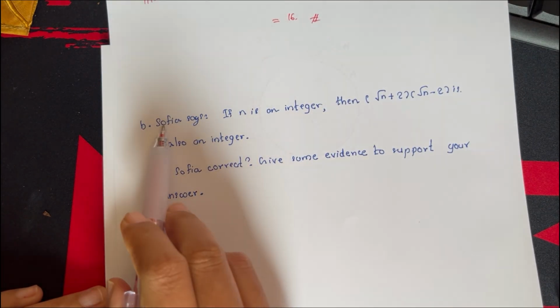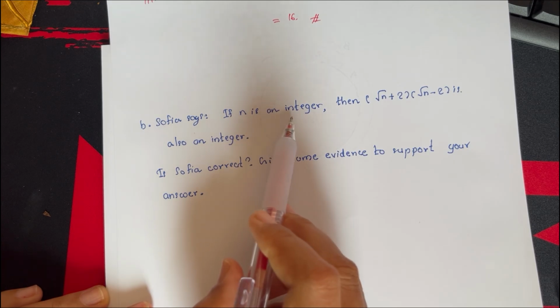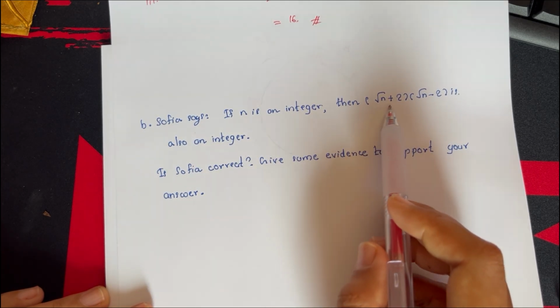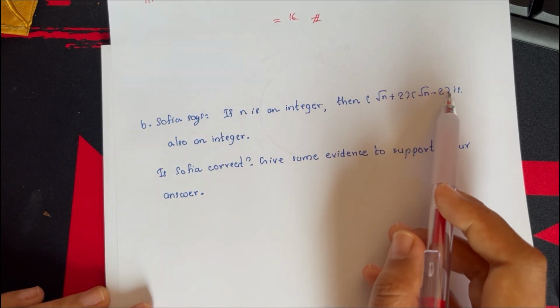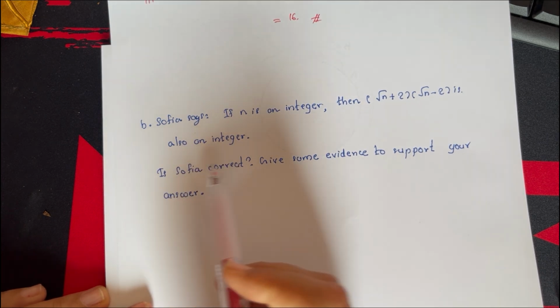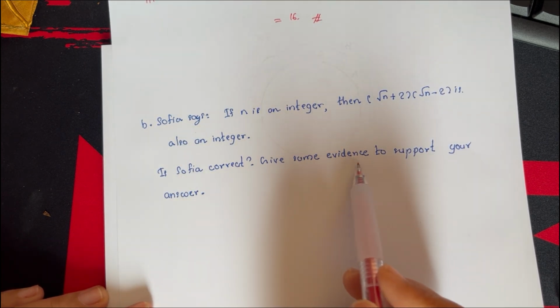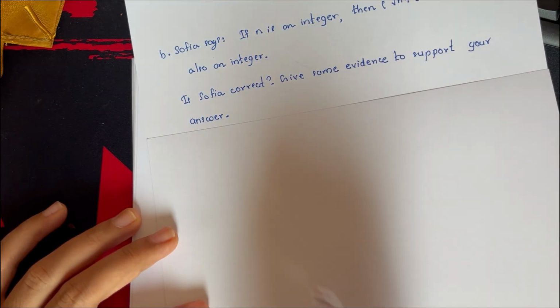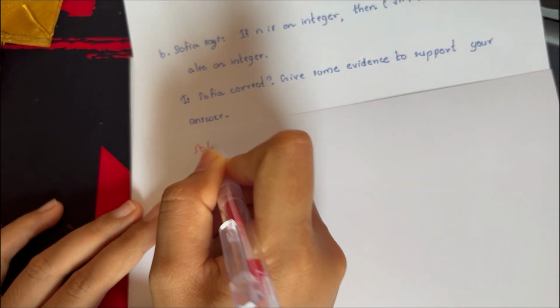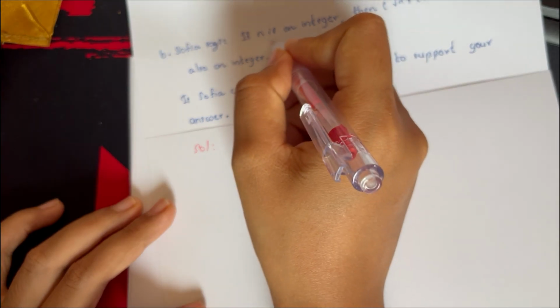Question B. Sophia says, if n is an integer, then root n plus 2 multiply root n minus 2 is also an integer. Is Sophia correct? Give some evidence to support your answer. So, solution, let's say that n is an integer.